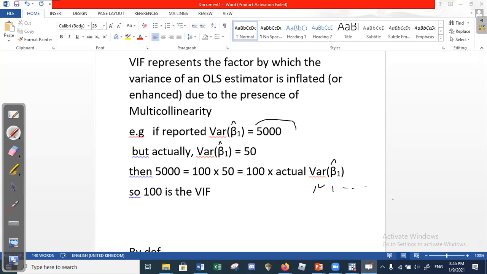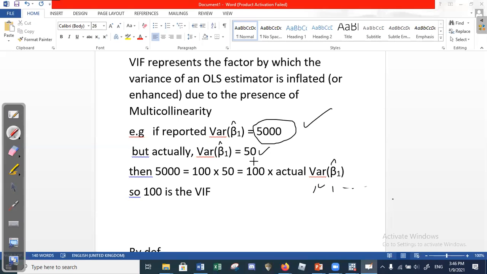But just hypothetically imagine that the actual variance that you were expecting, or which should have been obtained, was 50, but instead of 50 you get 5,000.